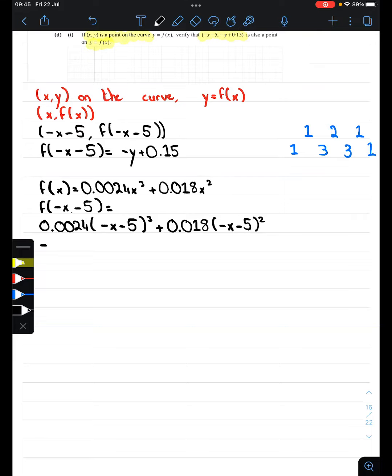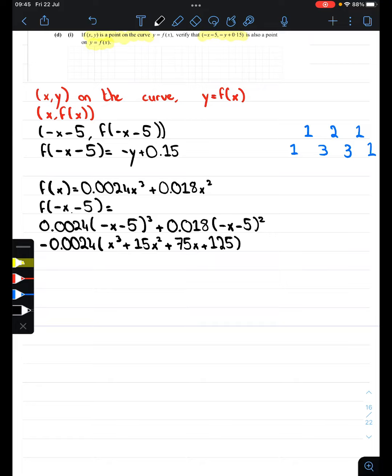So minus 0.0024, and then I can just work with (x+5) cubed, which is easy. That gives us x cubed plus 15x squared plus 75x plus 125.